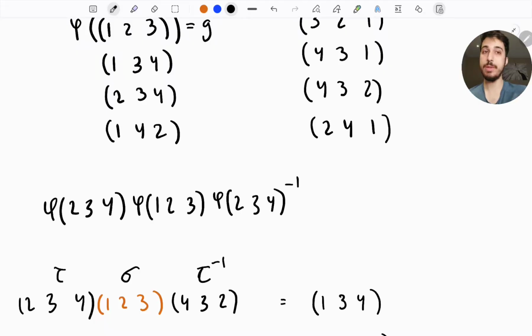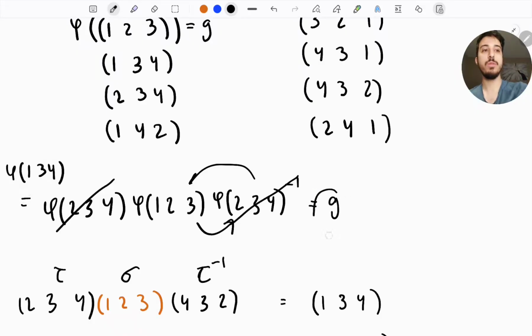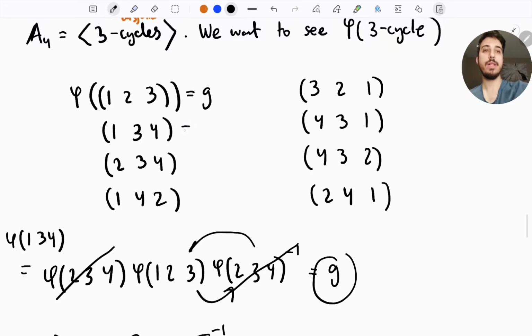And I know that the group is abelian, so I can switch these two around. And this will cancel with that then. And I get phi of (1, 2, 3), which is equal to G. So you can see that phi of (1, 3, 4) is equal to G at the end of the day. So that way I calculated phi of this 3-cycle to be equal to G.